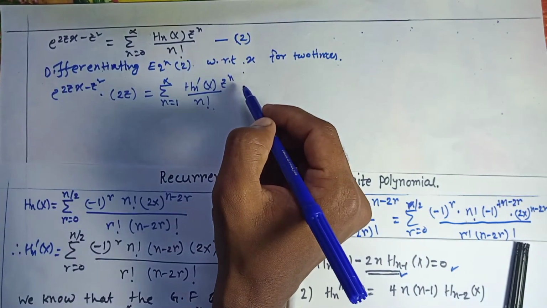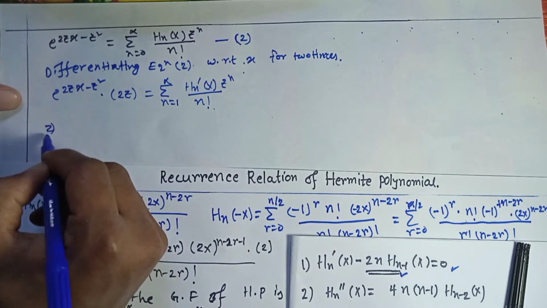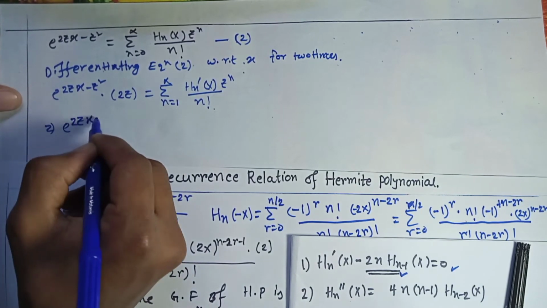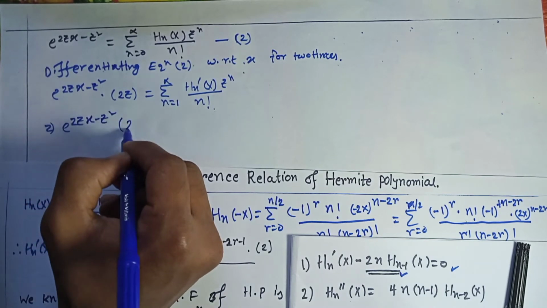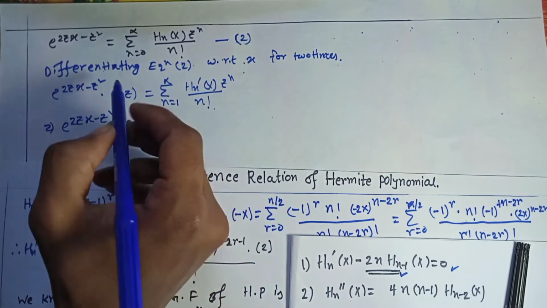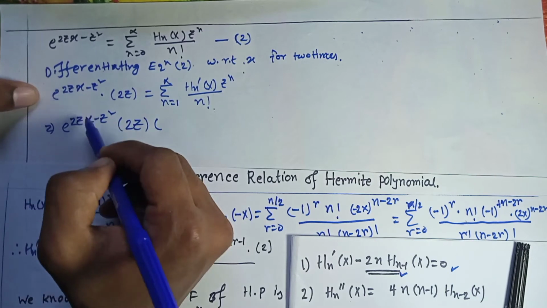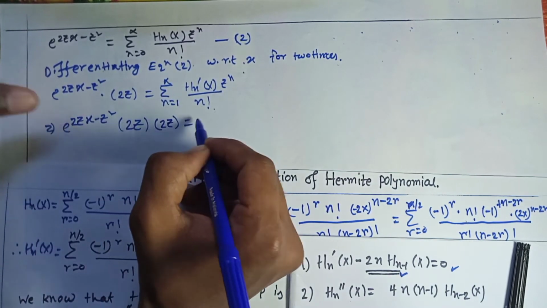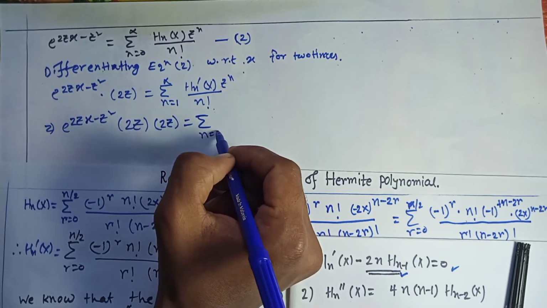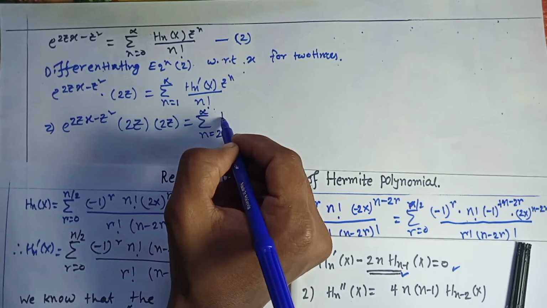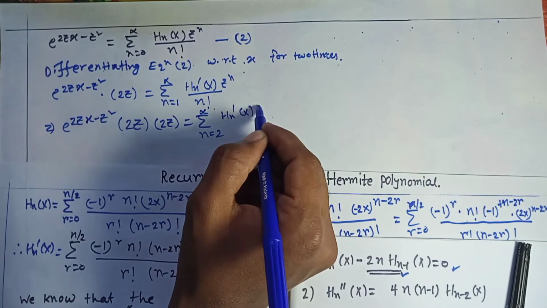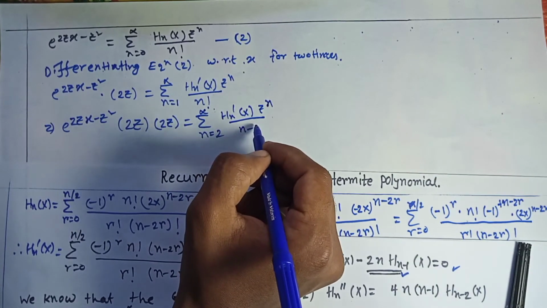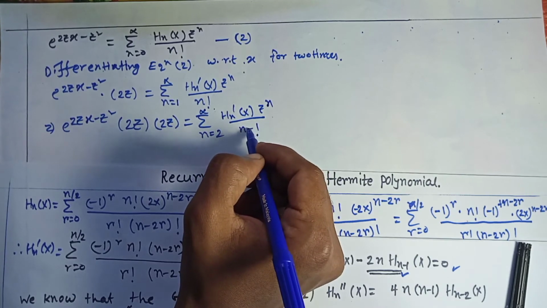Then again we differentiate this, that is e to the power 2zx minus z squared into 2z into 2z is equal to summation n equals 2 to infinity Sn dash of x z to the power n divided by factorial n.